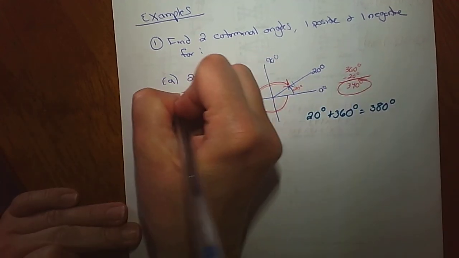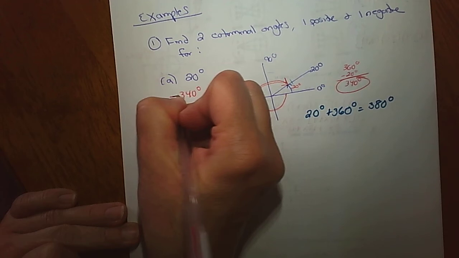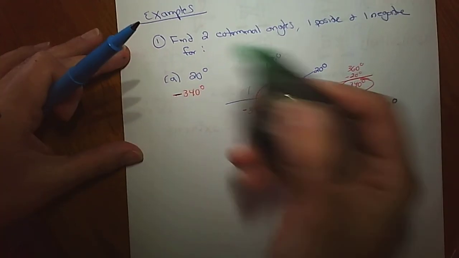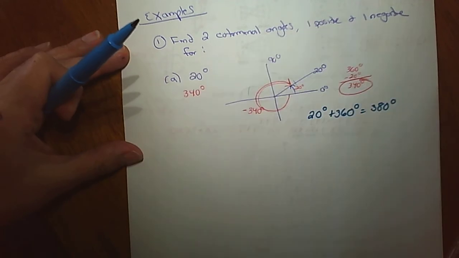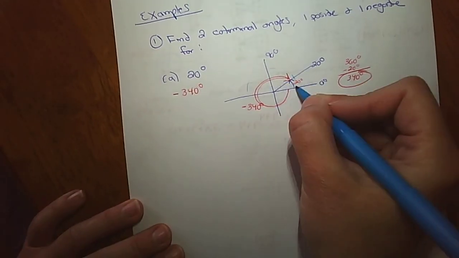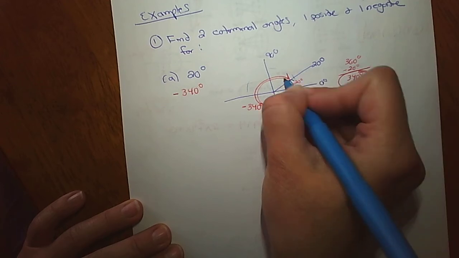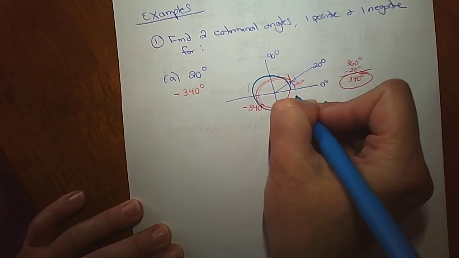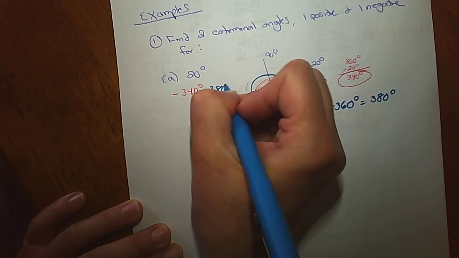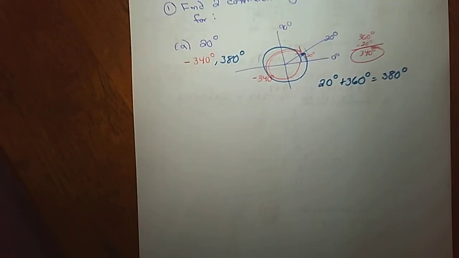This first one here would be negative 340, right? Because we were going backwards. So my backwards angle would be negative 340, and my other positive angle, which means I'd go all the way around the circle and then a little extra, would be positive 380. Okay, so we're going to try that again.